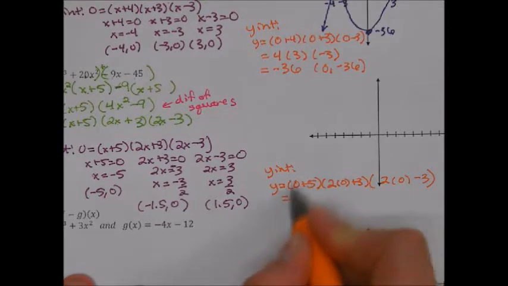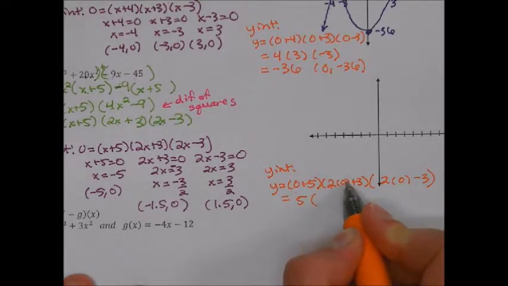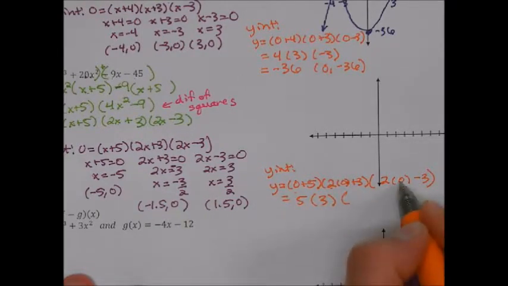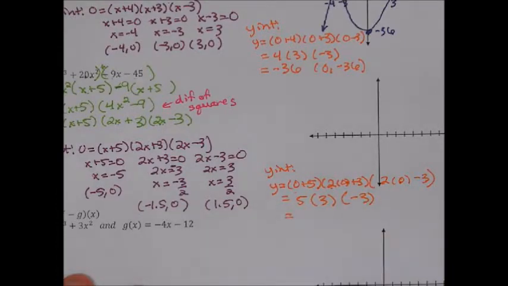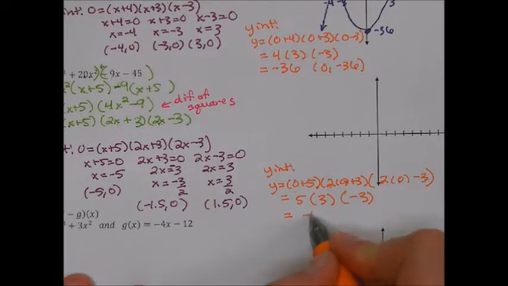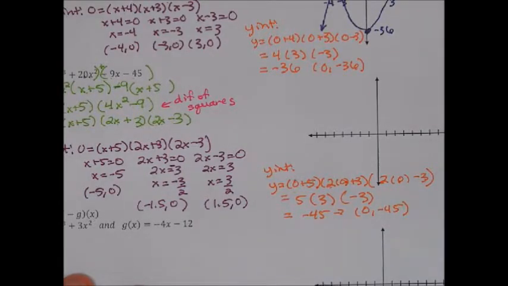Okay, this gives me a 5 times 0 plus 3, which is 3, times 2 times 0 minus 3. 15 times negative 3 is negative 45. So we get 0, comma, negative 45.